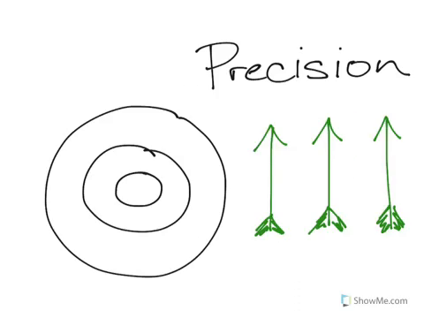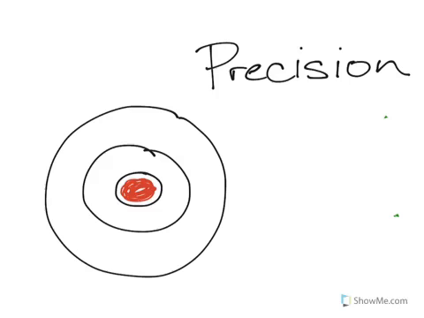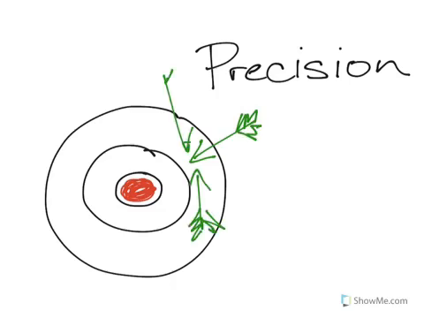So now let's go over to precision. Again, let's treat this center part right here as the bullseye, and that's the goal we're trying to get to. But in precision it's a little bit different, because precision is defined as the closeness of several measurements to one another. So it's a matter of proximity. In this case, for example, if we throw all three of these darts, and all three darts end up right here at this spot, right there, and then right here, we could say that the darts or the arrows were really precise.